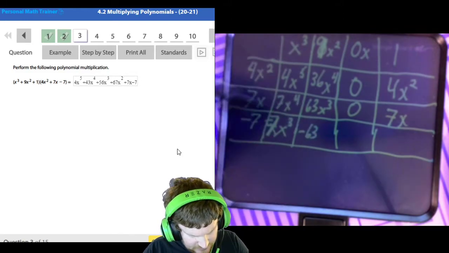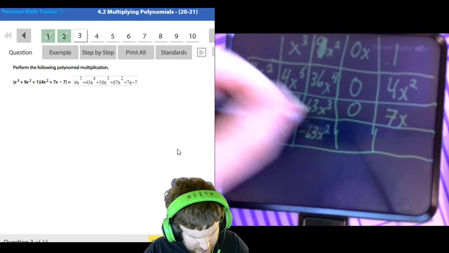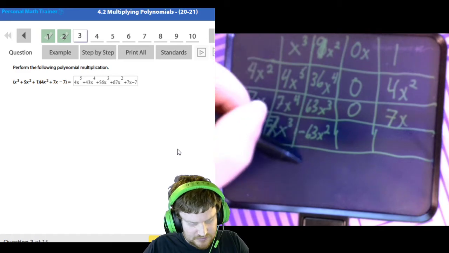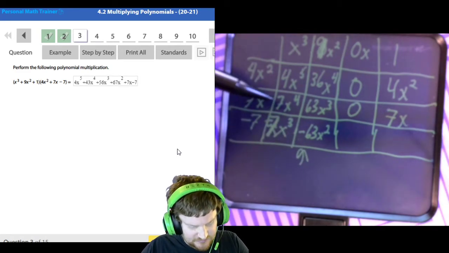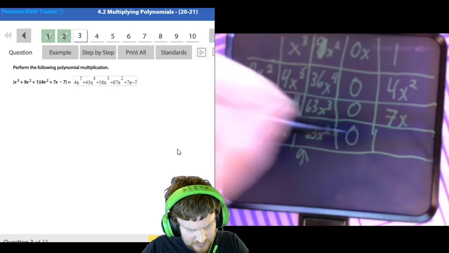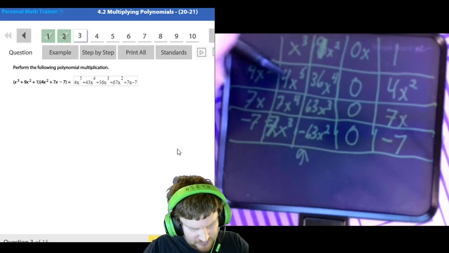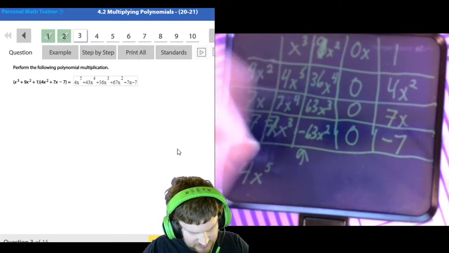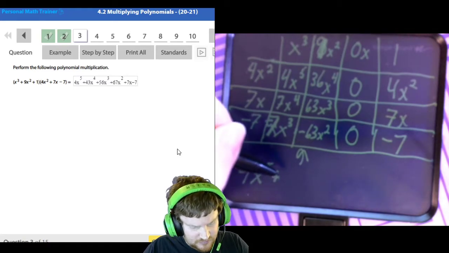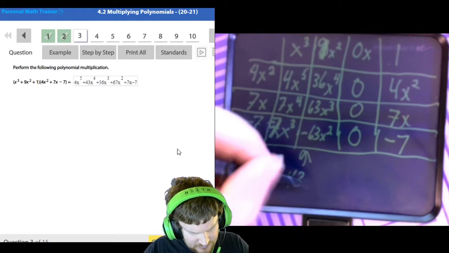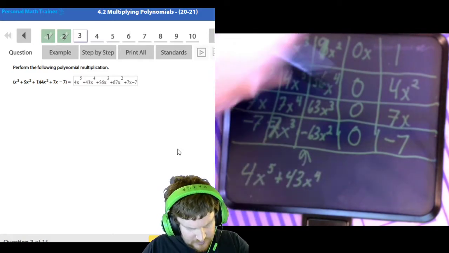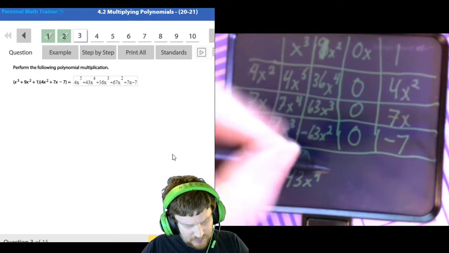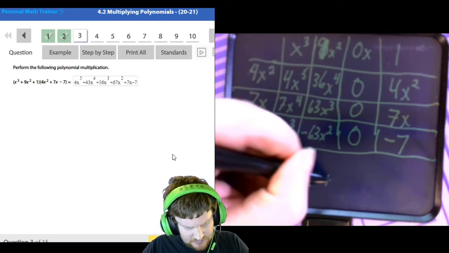Negative 63 x squared. There's the mistake. That should have been a negative 63. Let's go ahead and finish out the problem now. 0, negative 7. So I've got 4x to the 5th. On this diagonal, 36 plus 7 is 43. X to the 4th. My cube diagonal, 63 minus 7 is 56.